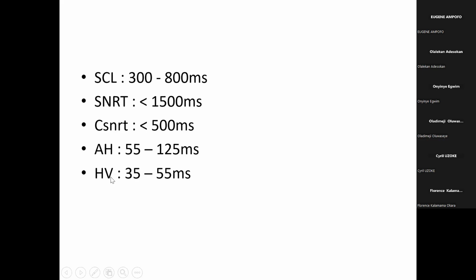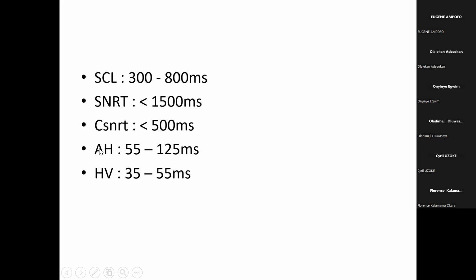For those that have high-grade AV block, that means conduction from the His bundle to the ventricle is blocked, so they would have a longer HV interval. That helps you differentiate high-risk AV block from low-risk AV block.